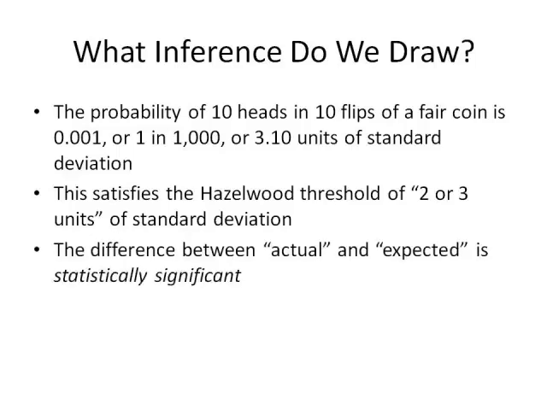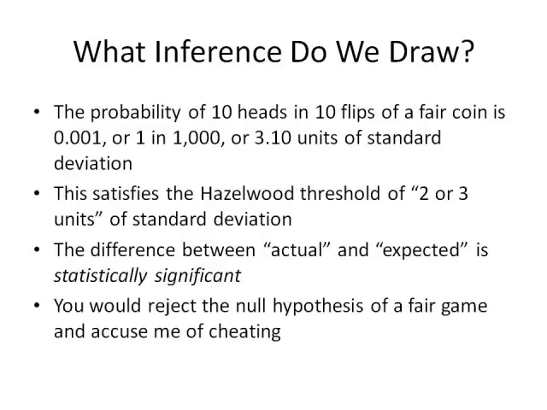The difference between the actual and expected, in this case the 10 actual versus 5 expected, is said to be statistically significant. And what that means is you would reject the null hypothesis of a fair game, and you would accuse me of cheating because the disparity was statistically significant.